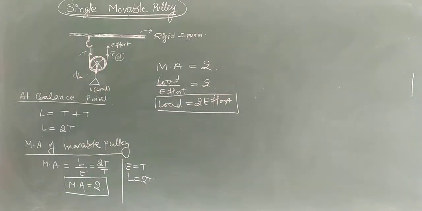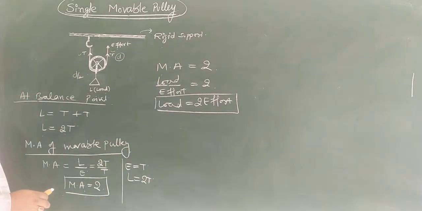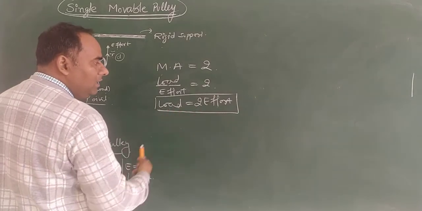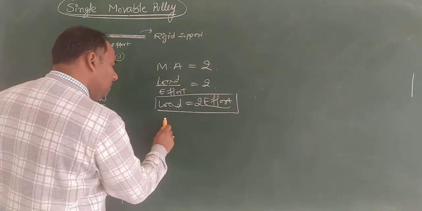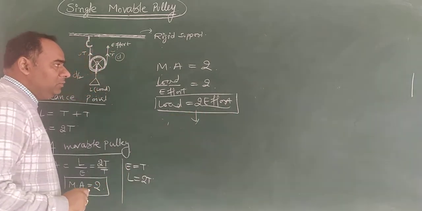Therefore, this pulley acts as a force multiplier. So a single movable pulley acts as a force multiplier. And here the load is double the applied force. This is your applied force. So here the load is double the applied force.